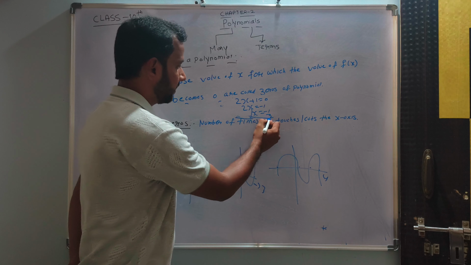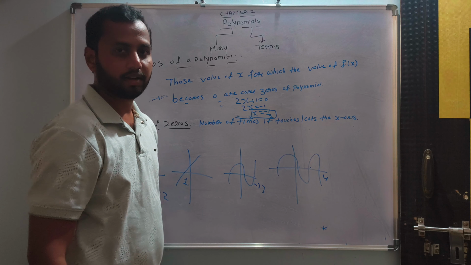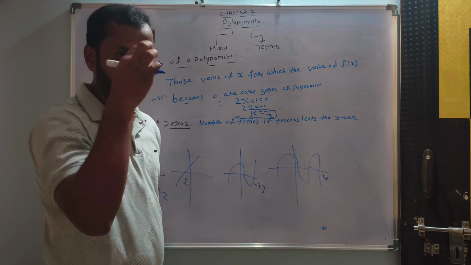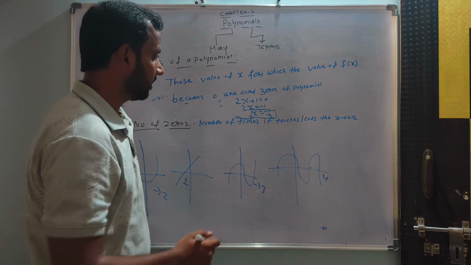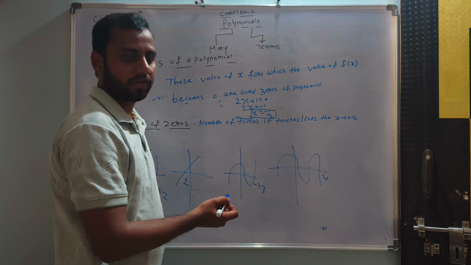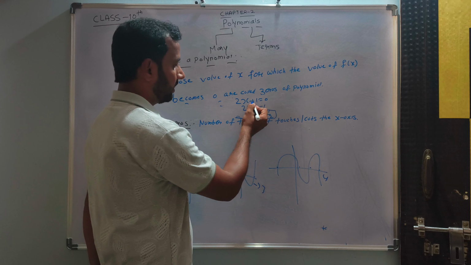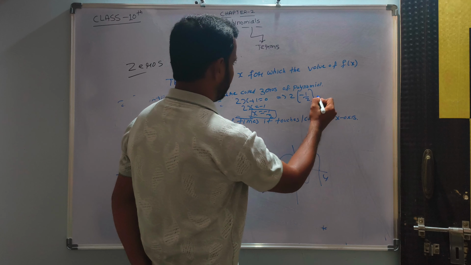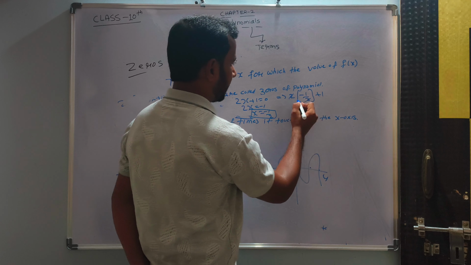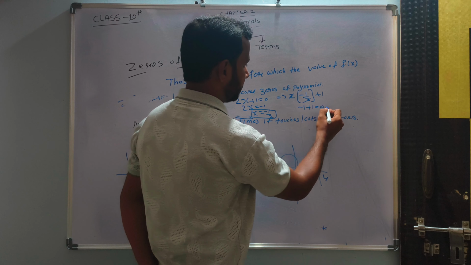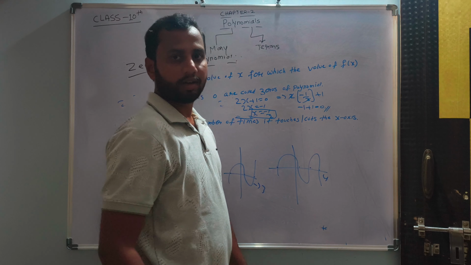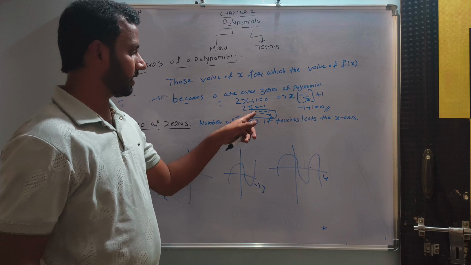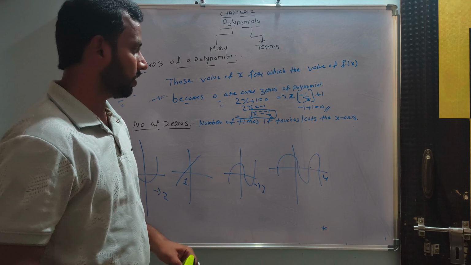Here I can say x is the zero of the polynomial, x is the root of the equation. Both are the same only. If I substitute the x value in the given equation, that is 2 into minus 1 by 2 plus 1, then the 2 gets cancelled, minus 1 plus 1 equal to 0. The polynomial turns out to be 0. Then I can say that this is the zero of the given polynomial.